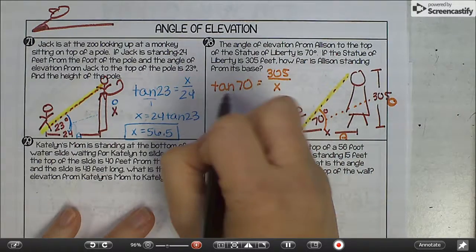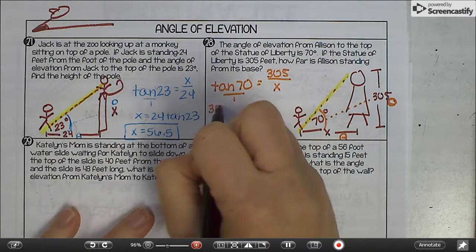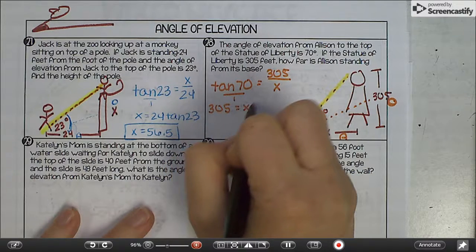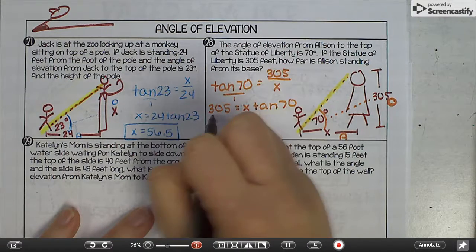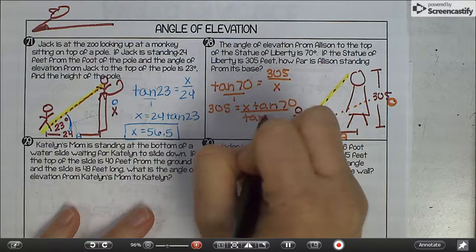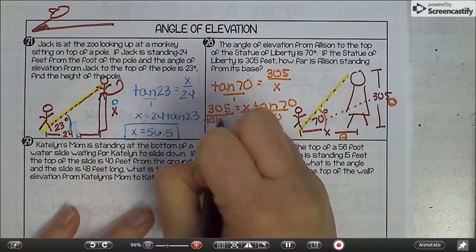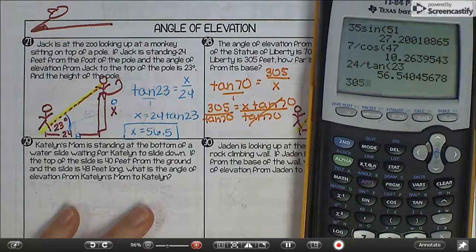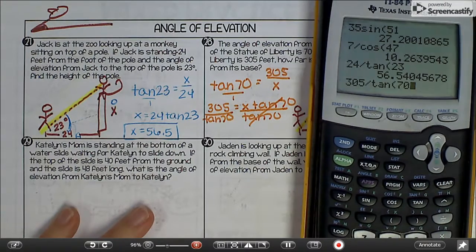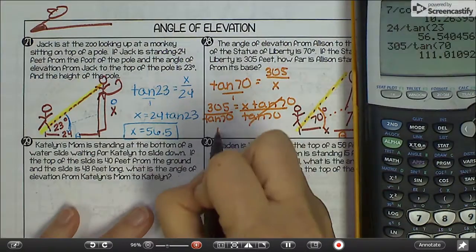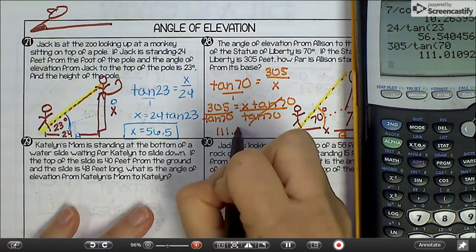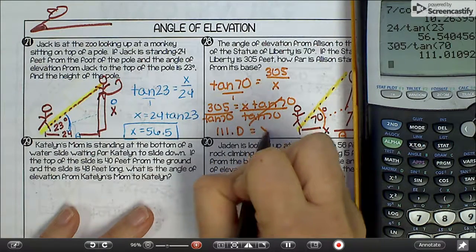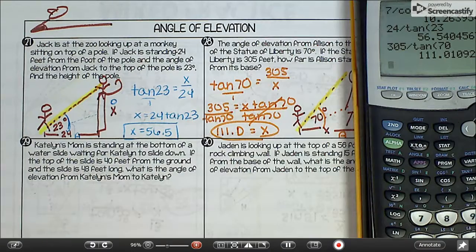And then solve that. She's 111.0 feet from the Statue of Liberty.